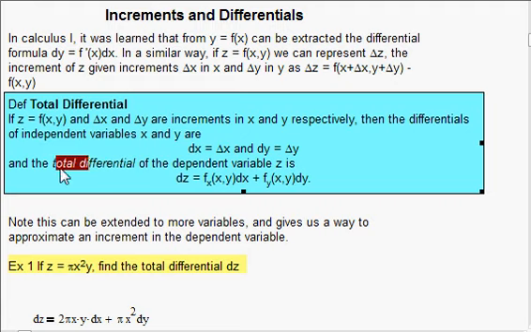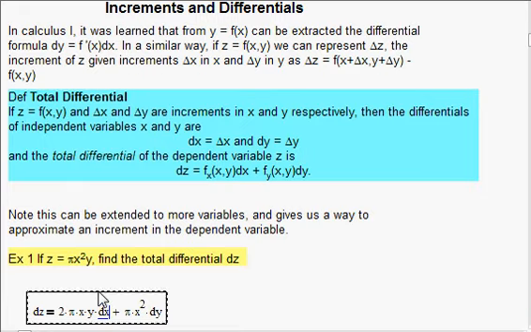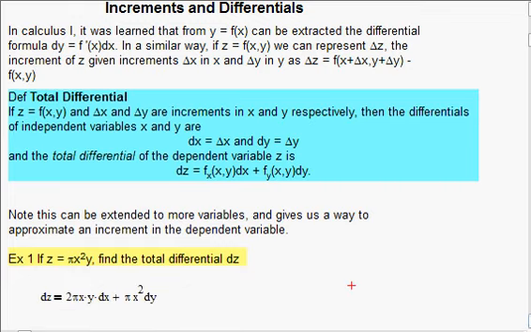And the total differential, here's what's really new, of the dependent variable z is dz equals the partial derivative of f with respect to x, at x and y, times dx, the differential in x, plus the partial of f with respect to y times dy. So we can extend that to more variables if you want, and it gives us a way to approximate an increment in the dependent variable based on some incremental amounts in the independent variables.